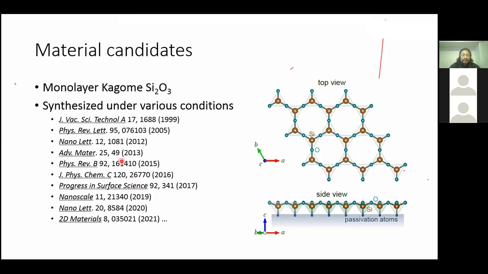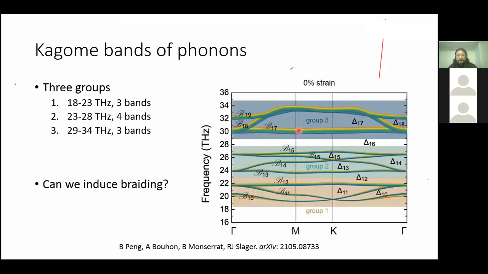The other thing is this monolayer Kagome silicate has already been synthesized under various conditions for more than 20 years. And recently, there are also a lot of proposals saying we can use different conditions, different substrates to grow monolayer silicates, or their bilayer counterparts, which is a bilayer silica. Basically, it's another structure but protected by mirror symmetry with the same lattice. So now we can directly look into the phonon bands of the system.